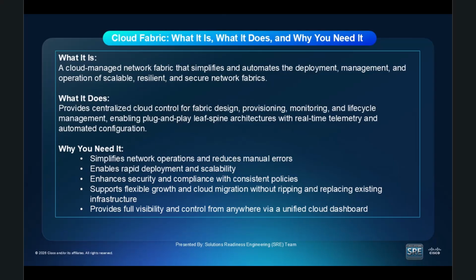Whether you're adding new users or expanding your infrastructure, Cloud Fabric automates the heavy lifting, so your network just works securely, reliably, and without the usual headaches. This means fast deployments, fewer errors, and a network that adapts effortlessly as your campus grows.